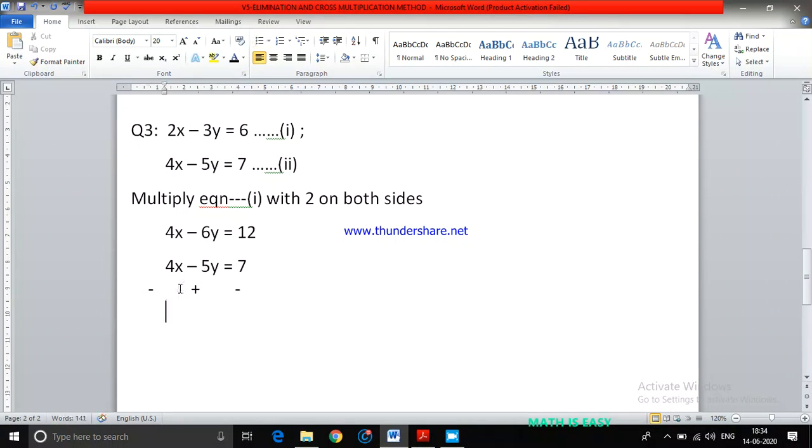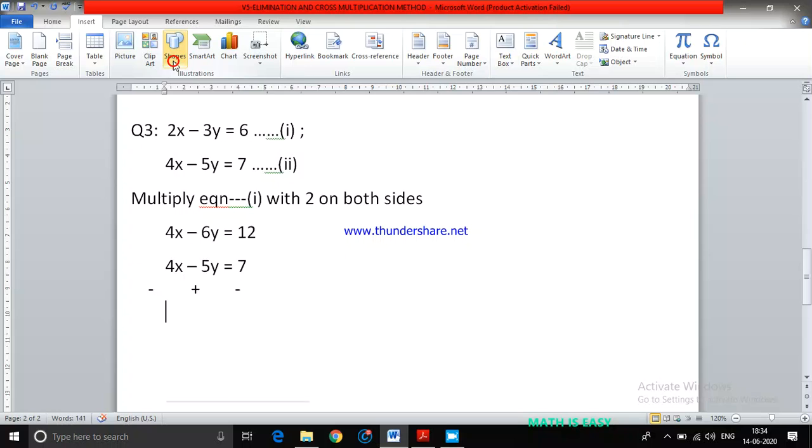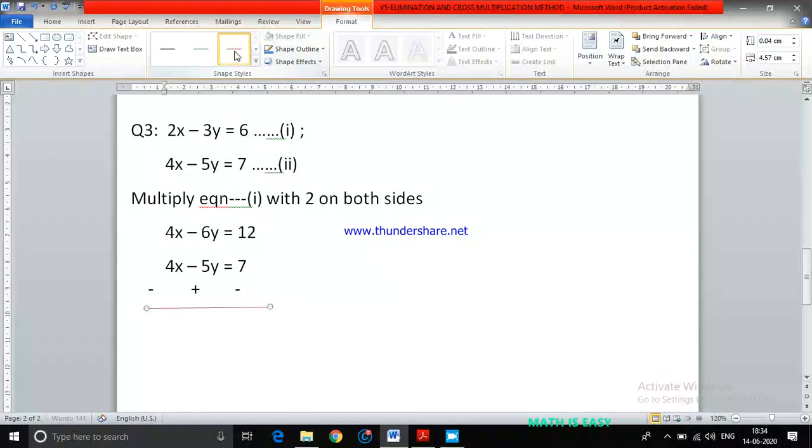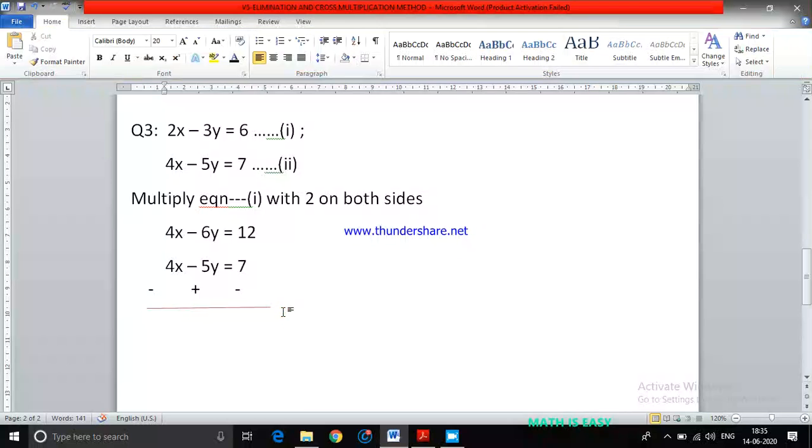Is that clear? Each and every sign will change, not only of one number, each and every sign will change. When do I have to change? When they have the same sign, plus 4x, plus 4x. Then I have to interchange the signs of the second equation.